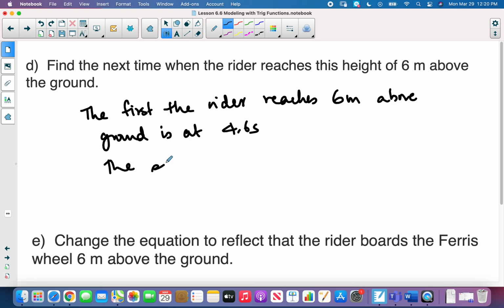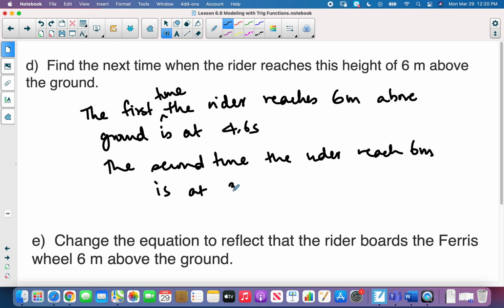The second time the rider reaches 6 meters is at, let's take 40 minus 4.6, which is equal to 35.4 seconds.